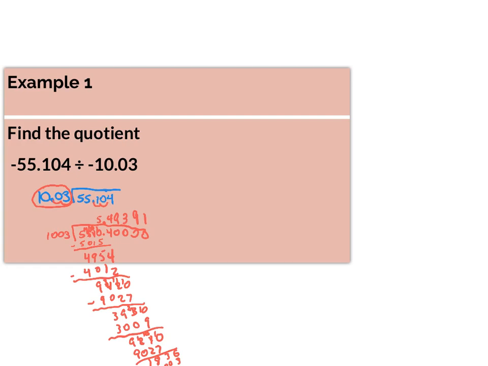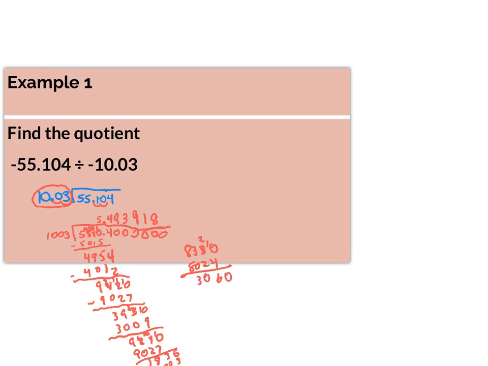836 minus 3 becomes 833. Put a 0. Put a 0. We got 8. 8 times 1003 is 8024. Subtracting, we get 603.